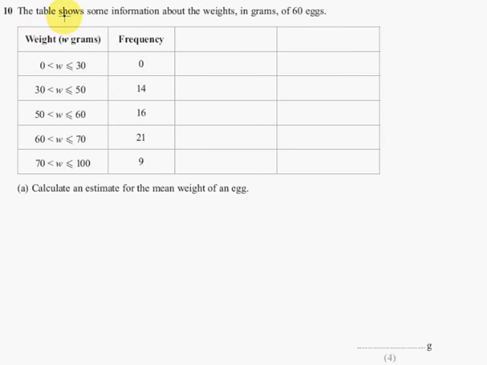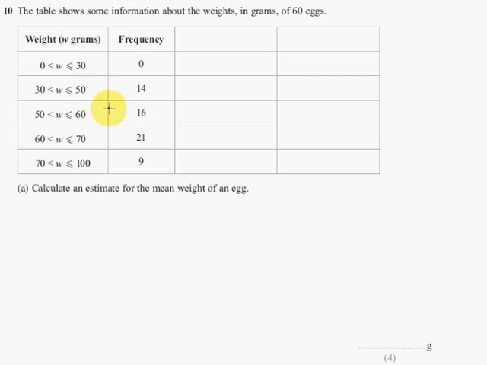Question 10. The table shows some information about the weights in grams of 60 eggs. So you've got the frequency, how many times something happens. In this case it's the number of eggs, and no eggs were greater than 0 grams but less than or equal to 30. There were 14 eggs that were greater than 30 grams but less than or equal to 50.